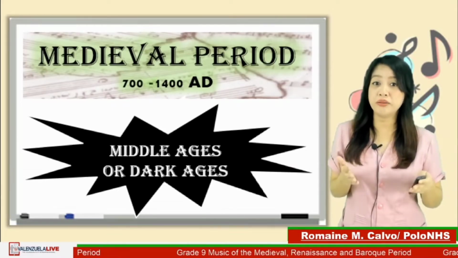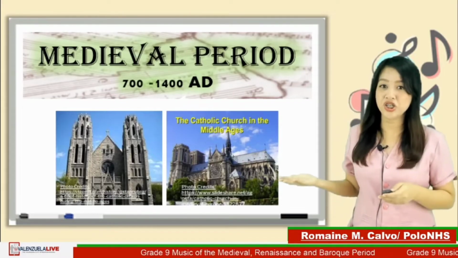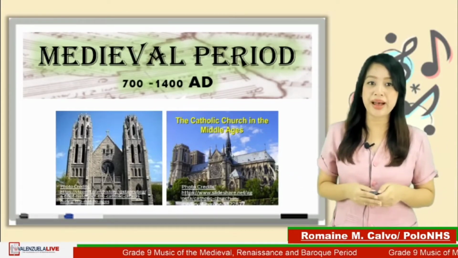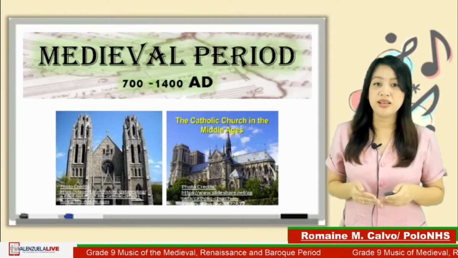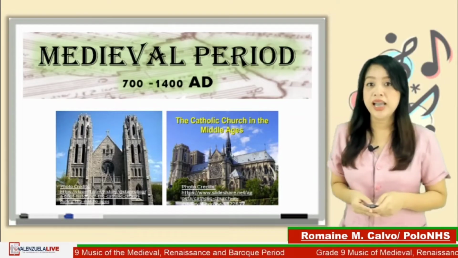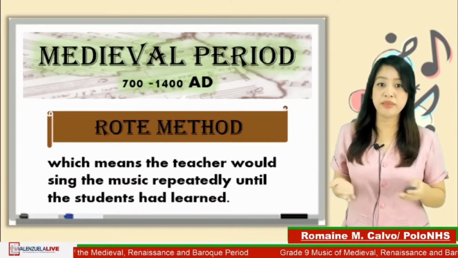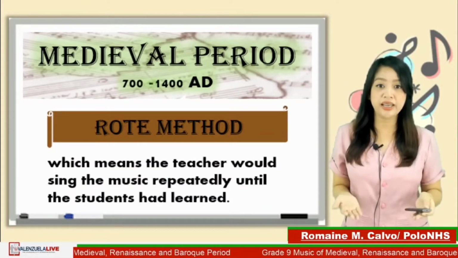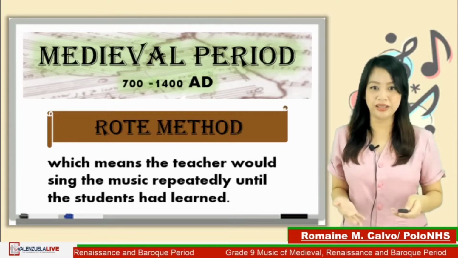It is also remarkable for the formation of the Roman Catholic Church that made a huge impact on Europe's culture and political affairs. Since the church wanted the music to sound the same, they taught by rote method, which means the teacher would sing the music repeatedly until the students had learned.